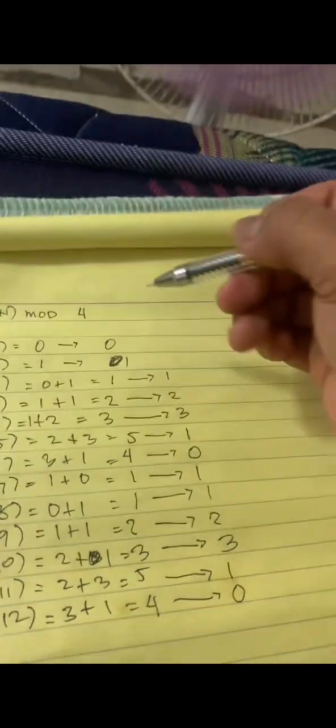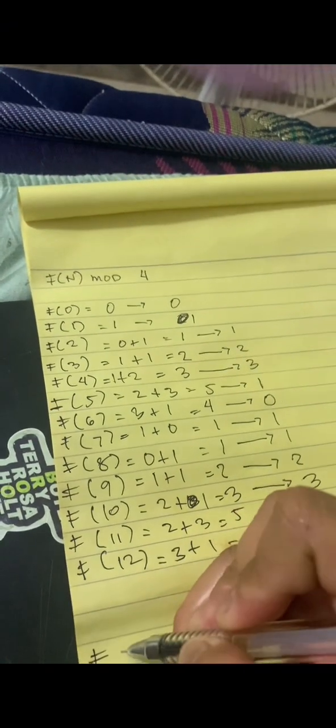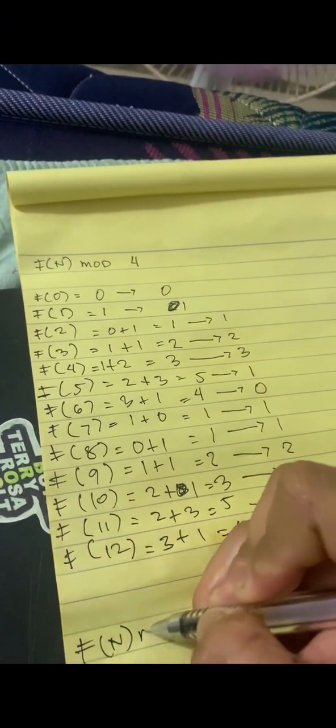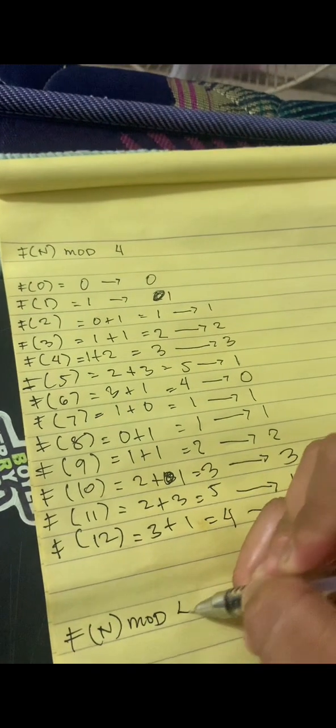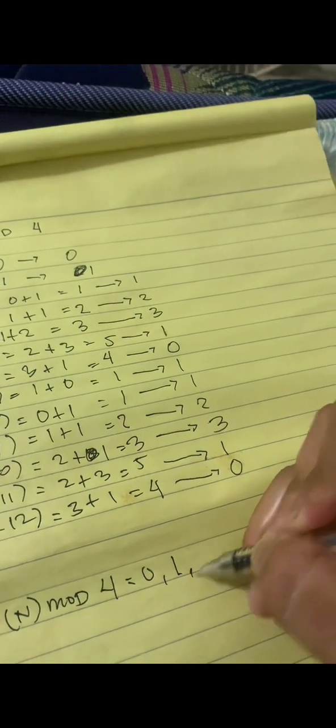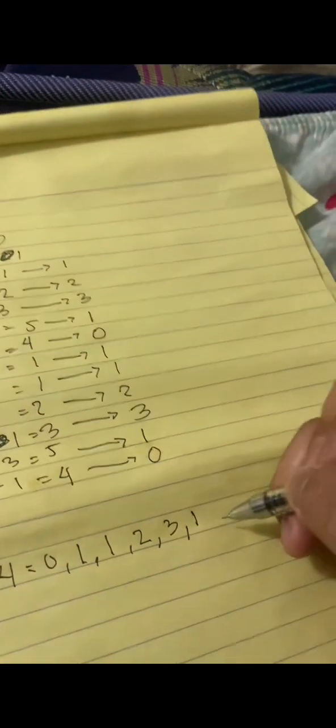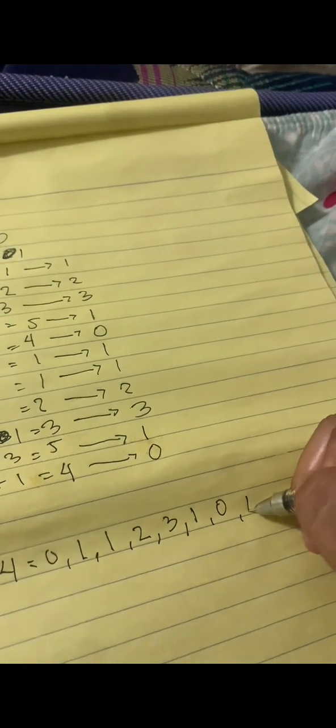So as you can see, we have our sequence right here. The sequence of f sub n modulo 4 is 0, 1, 1, 2, 3, 1, 0, 1, 1, 2, 3, 1, 0, and so on.